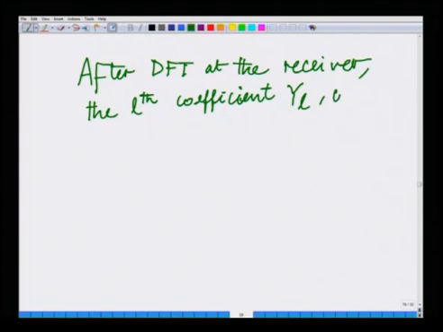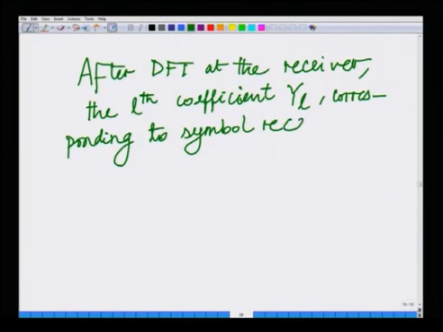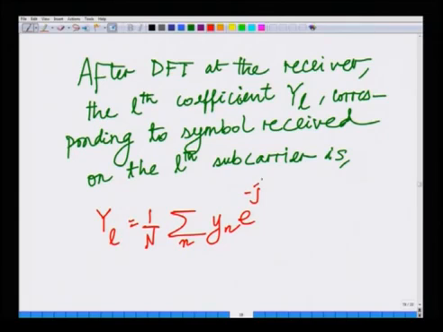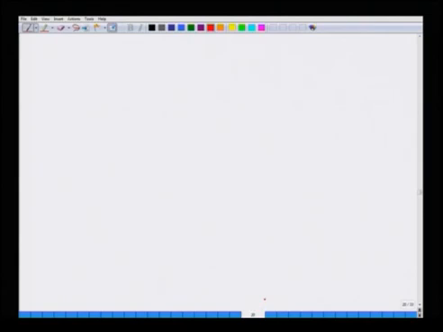Y_L equals 1 over N summation y_n e^(-j2πnL/N), that is the Lth coefficient after the FFT.